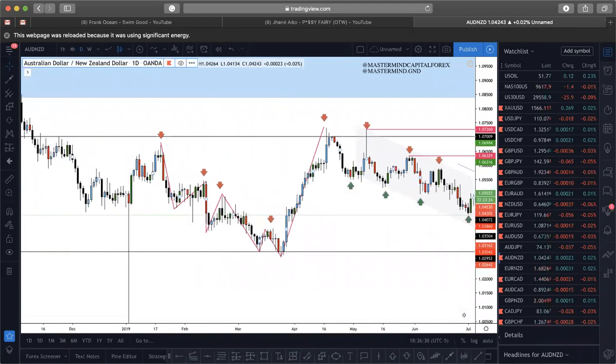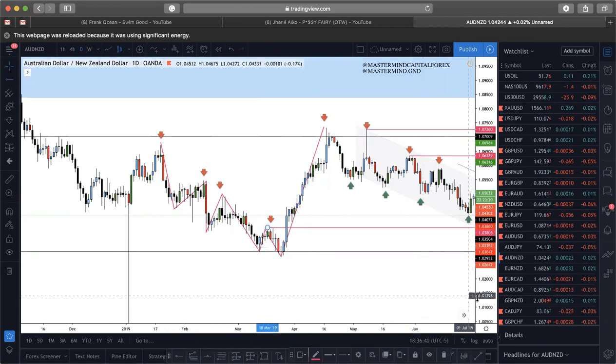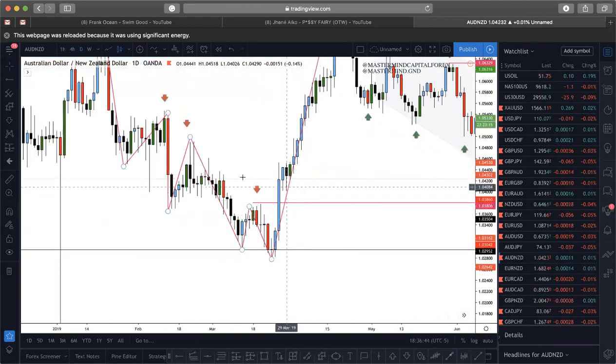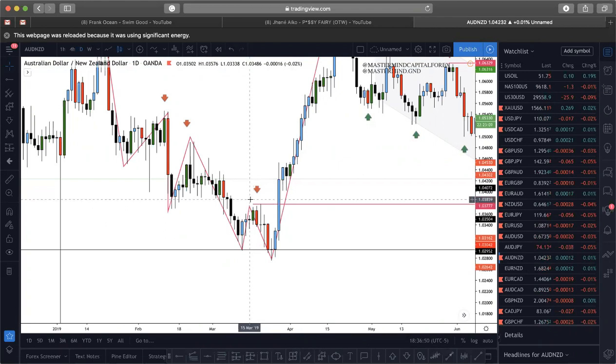So according to the rules, the market cannot surpass the lower high in a downtrend. So from the moment this was broken, a candle formed above this price, the downtrend has ended because the market is no longer making lower lows and lower highs.